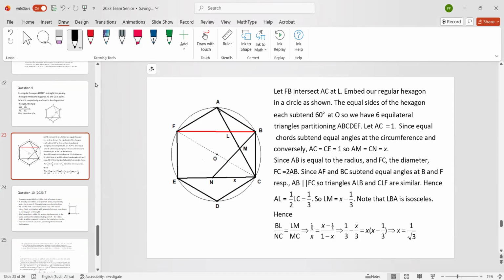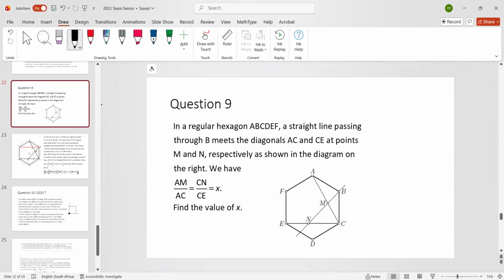Okay, let me, this is the solution. I don't want this. Let me get out of this. Okay, I'm sorry. I should have just drawn that diagram on a blank page.